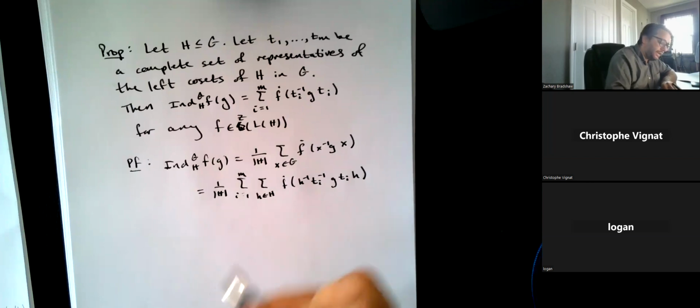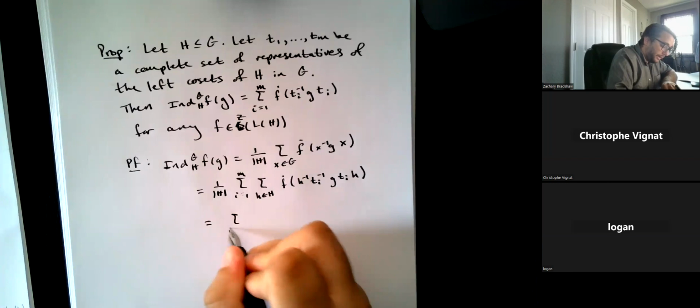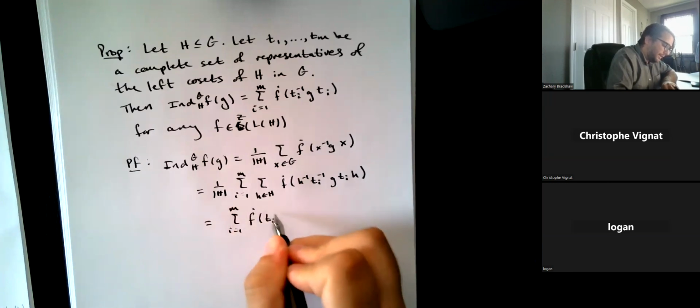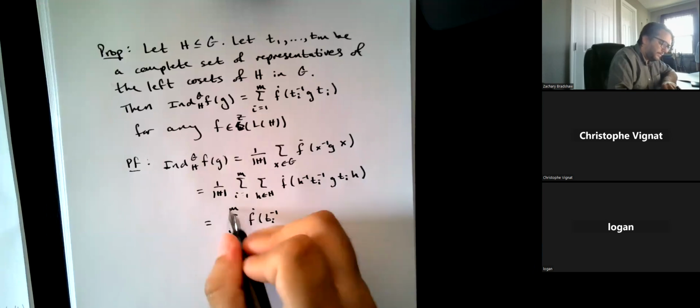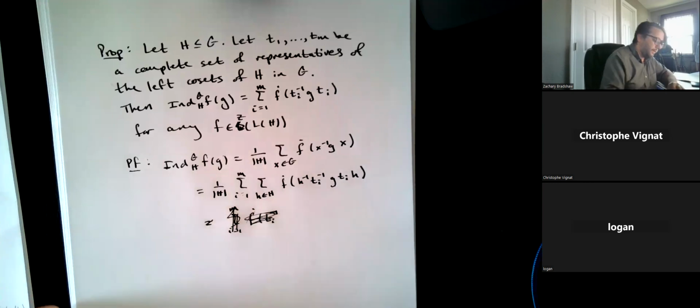Okay, and now this is equal to the sum from i equals 1 to m F dot Ti. Ooh, no, I'm skipping steps. Okay.